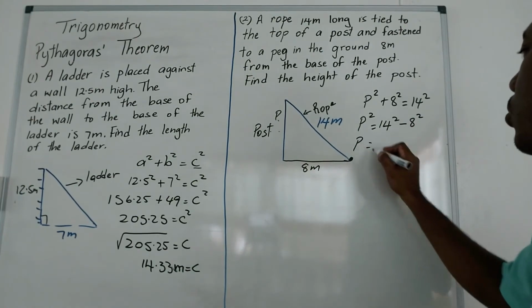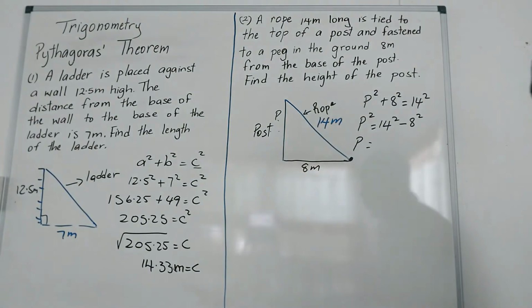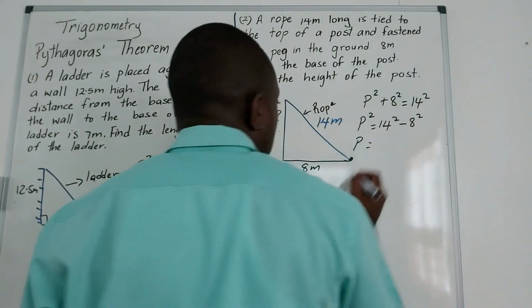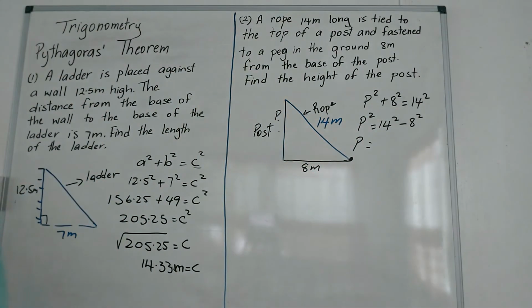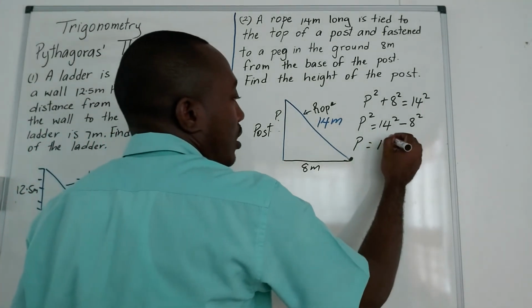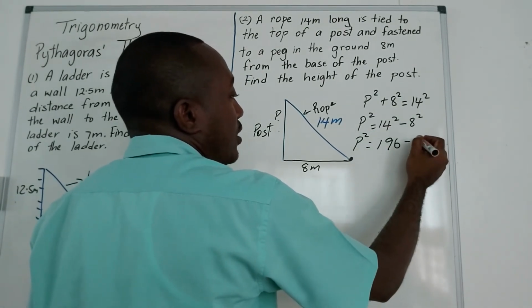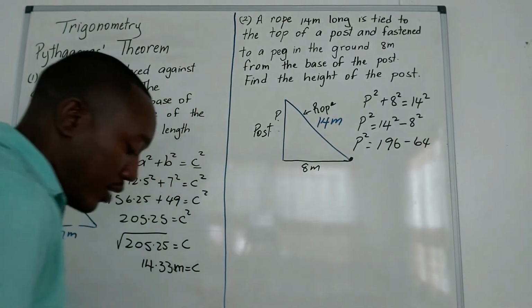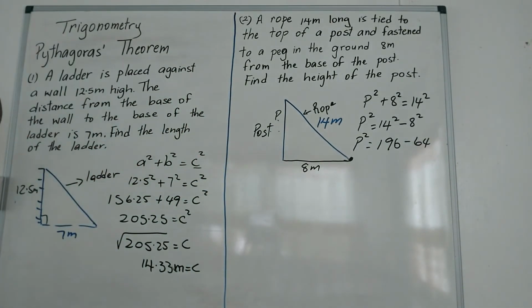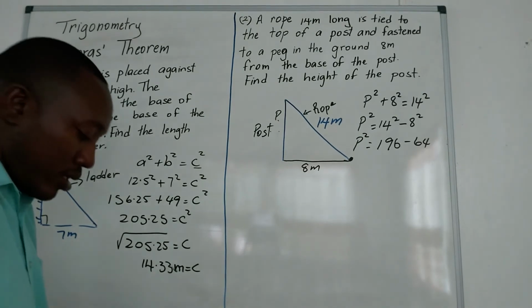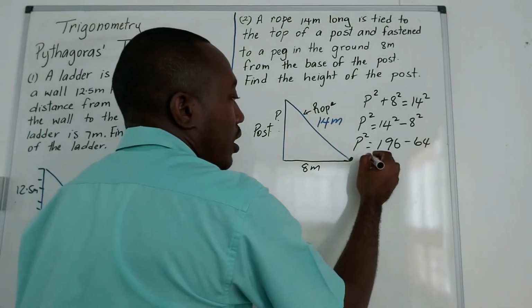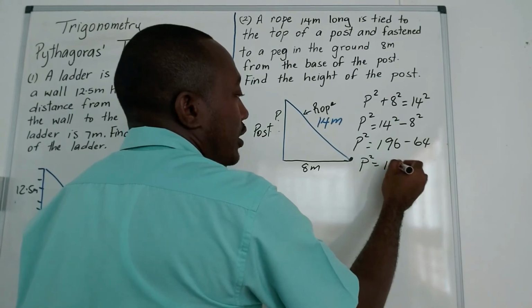So we can work this out and see what we will get. 14 squared will give us 196. 8 squared will give us 64. So 196 take away 64 is 132.